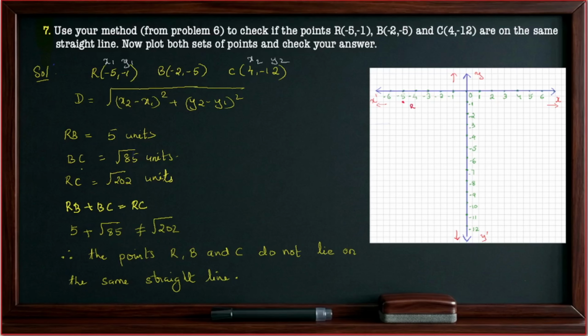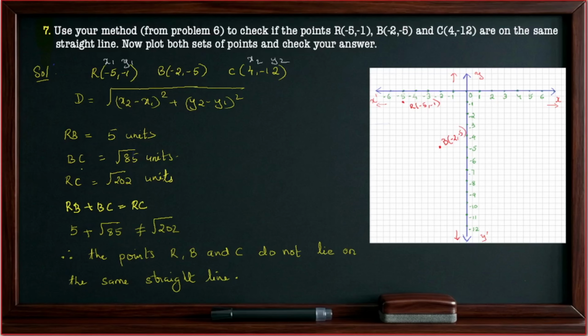This is R (-5, -1). Next is B (-2, -5). -2 on the x-axis is over here, and y -5 is over here. So this is our point, and I'm going to write the coordinates, B (-2, -5).